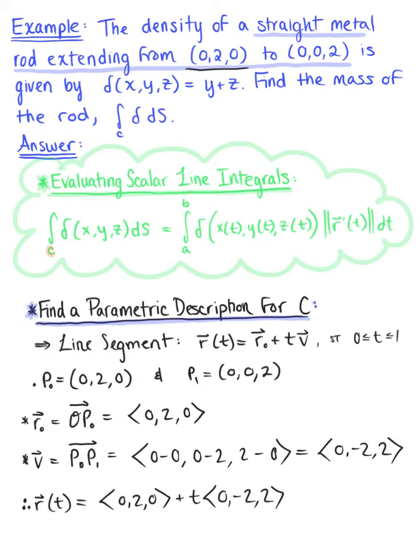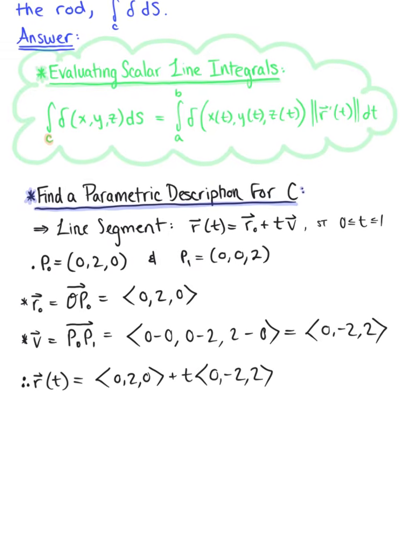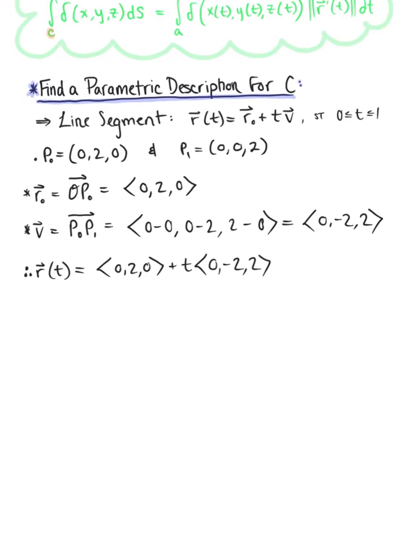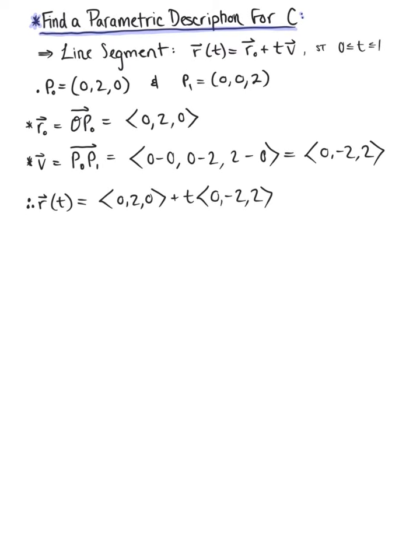We can simplify this so that we can see the x, y, and z components. Simplifying this line segment, we are left with the vector with components 0, 2 minus 2t, 2t, such that t is greater than or equal to 0 and less than or equal to 1.